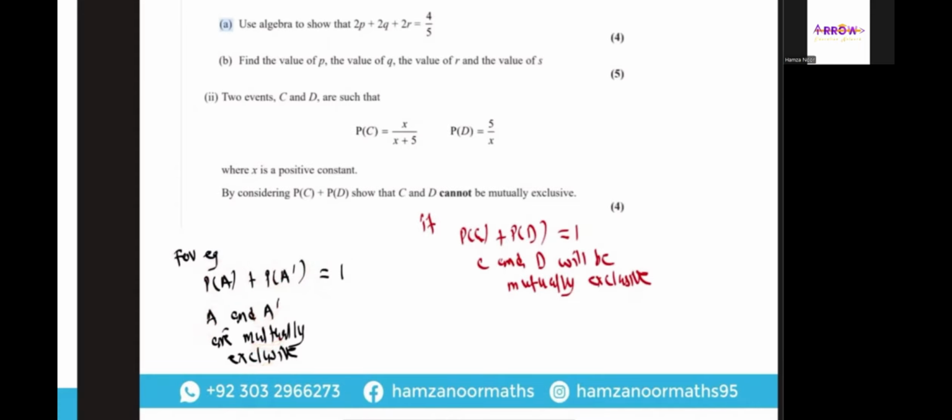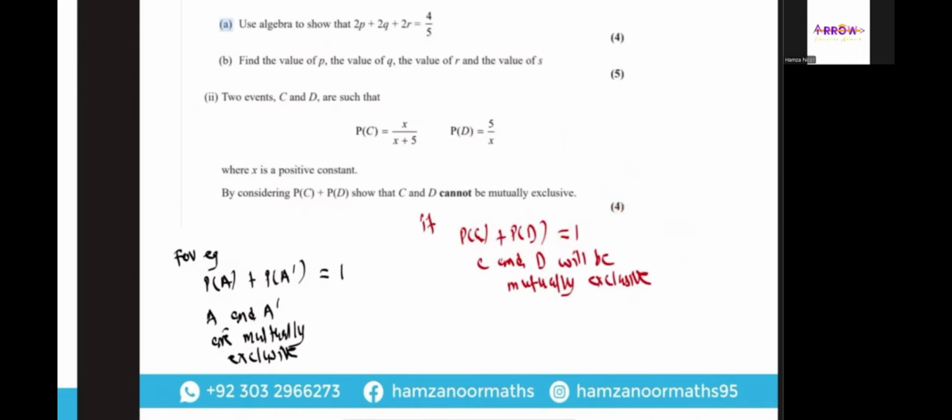Here is the basic idea. If events C and D are mutually exclusive, this essentially means that the probability of C plus probability of D would be equal to 1. Agreed with this? Because C and D would not have any overlap, the probability of C intersection D would be equal to 0.